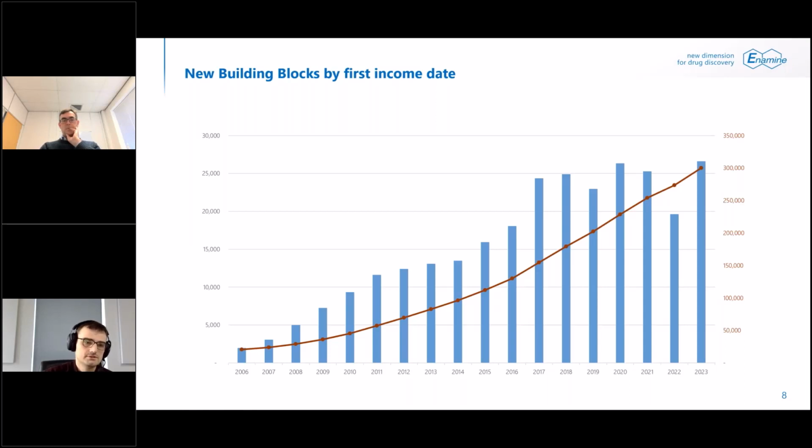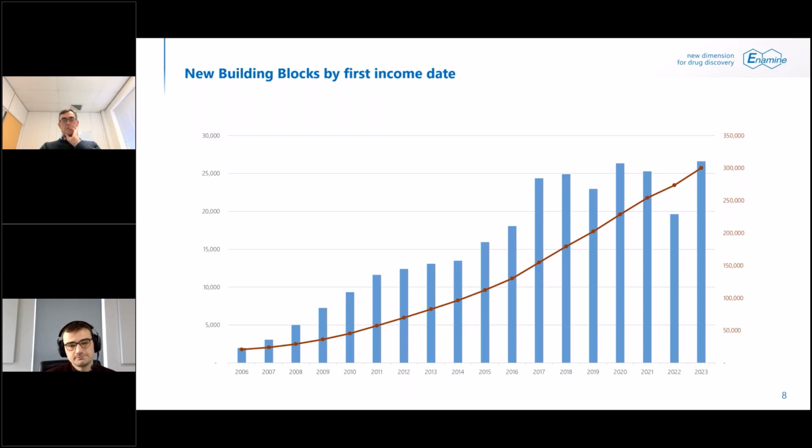It's about 25,000 new building blocks per year, which gives us about 2,000 new building blocks per month. And part of my work at the Parallel Chemistry Department is to add those new building blocks to the set of reagents used for the real library.